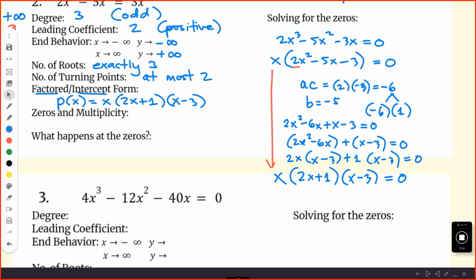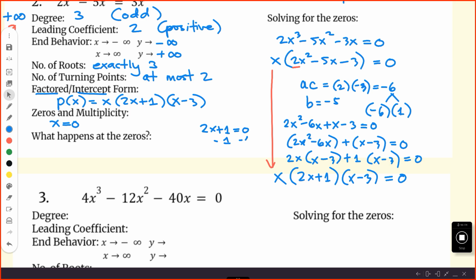Now, what are the zeros and multiplicity of the zeros? So we know if we set x to 0, then x equals 0. If we set 2x plus 1 equals 0, what's the value of x? 2x plus 1, negative 1/2, yes.